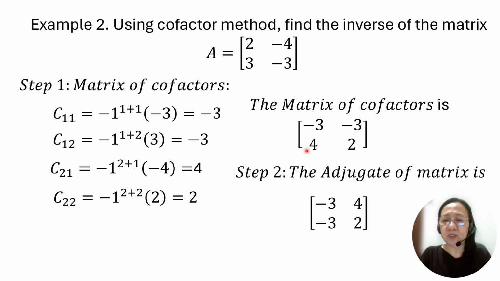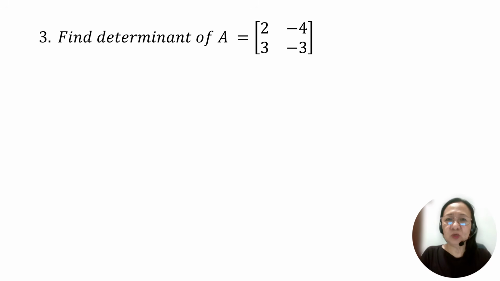And 4, 2 for the second row is now written into the second column. Okay? Next step, let us find the determinant of our given matrix. So we have to multiply 2 times negative 3, which is negative 6, and 3 times negative 4, which is negative 12. So we have negative 6 plus 12, that is a positive 6.